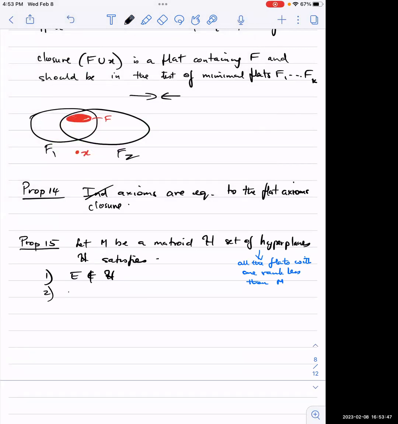And if H1, H2 are hyperplanes and H1 is contained in H2, then they're equal.